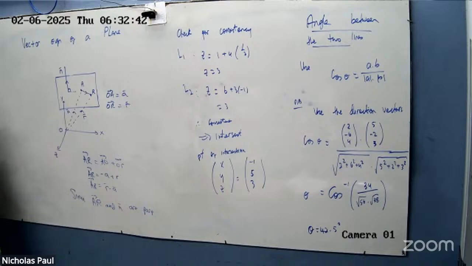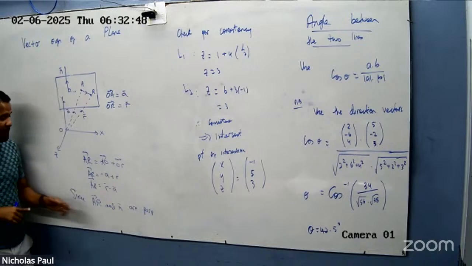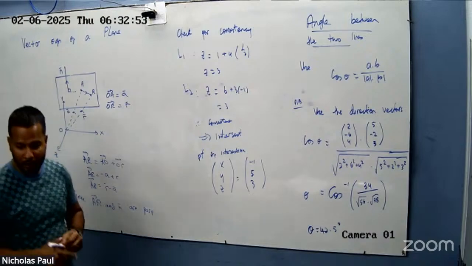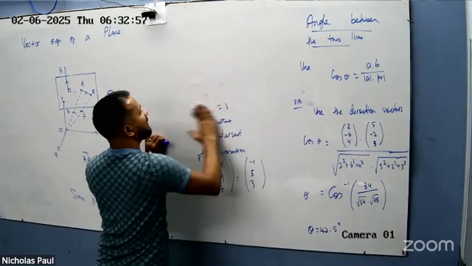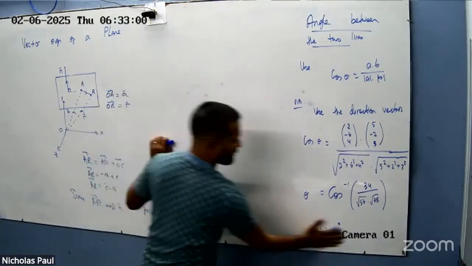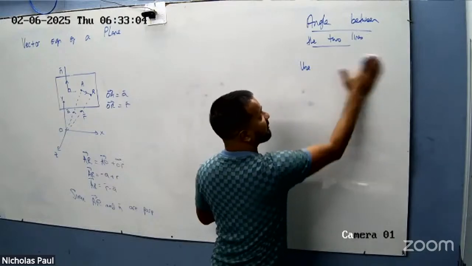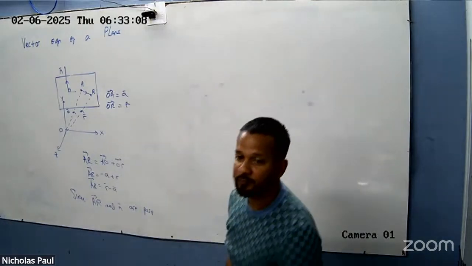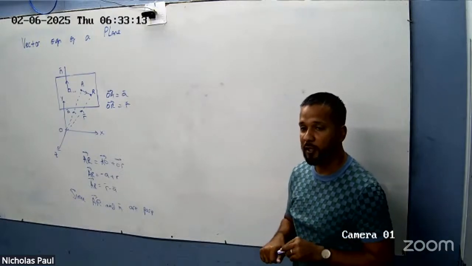What does that mean now, Faith? If AR and N are perpendicular, what does that mean? Keshav, what do you know if they are perpendicular?